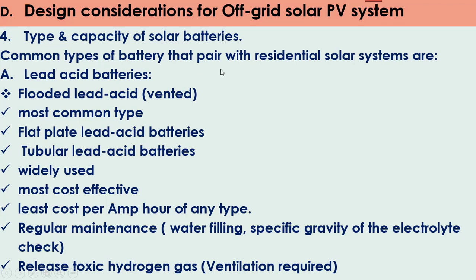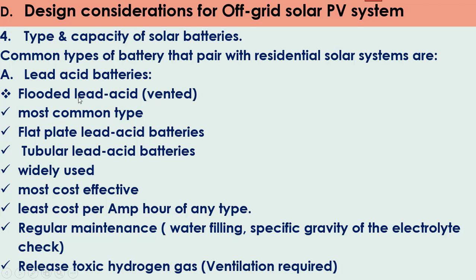A common type of battery that pairs with a residential solar system is lead acid batteries, and lead acid batteries have more than one type, such as flooded lead acid batteries, which are vented in order to release the gases generated through the process of charging and discharging.